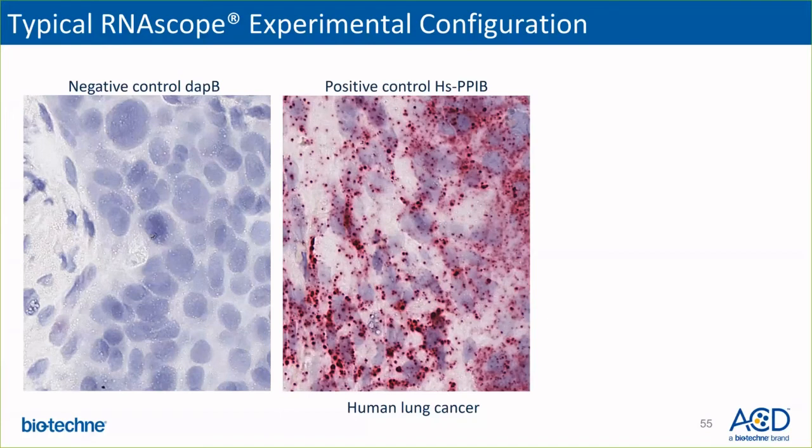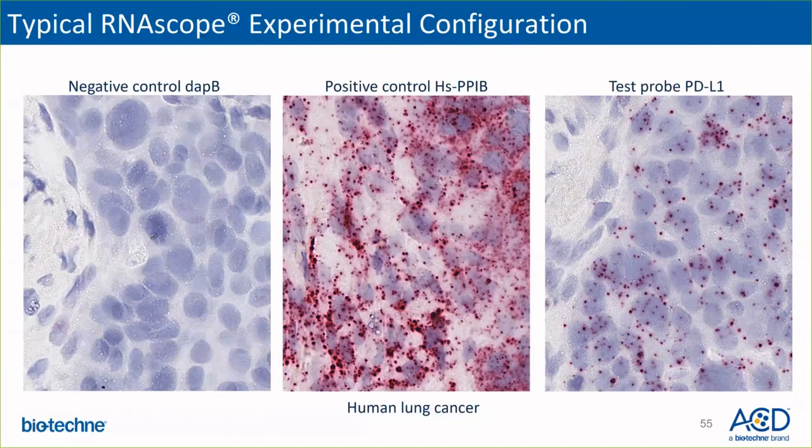Now that we have looked at the positive and the negative control probes, let's move on to the target probe. With the results from these two probes, we can have confidence that our test data, what we see, is accurate.